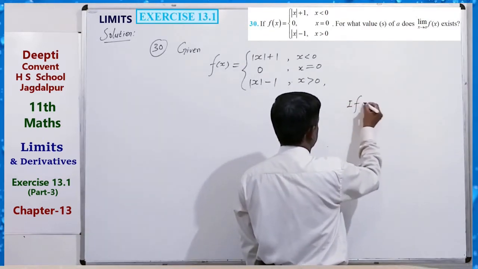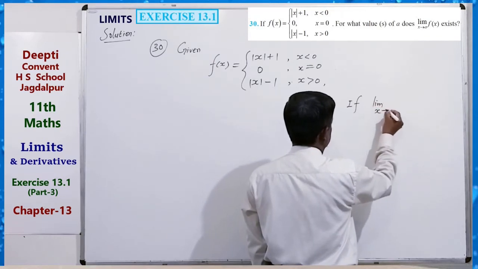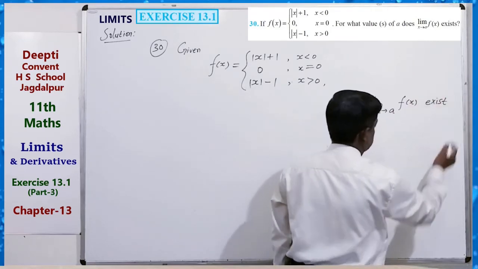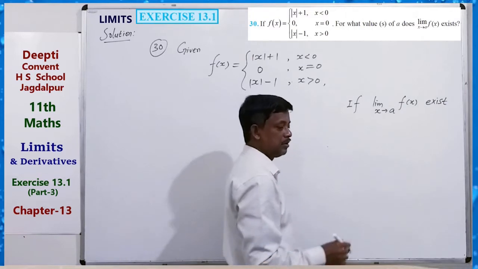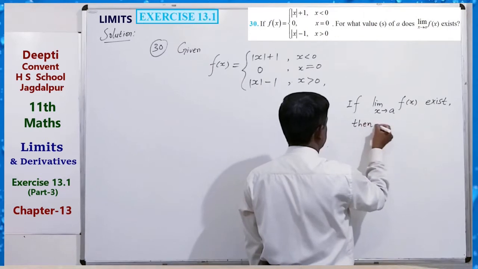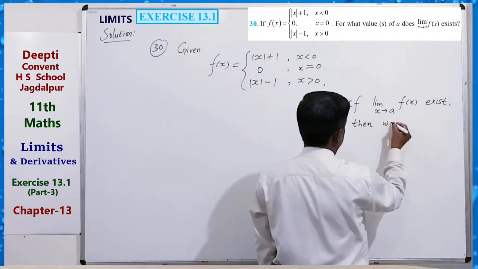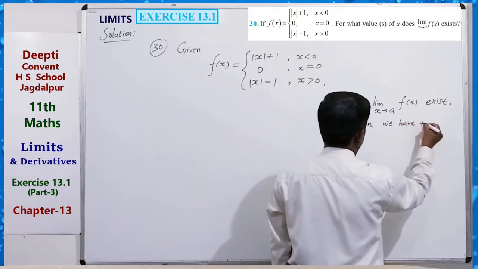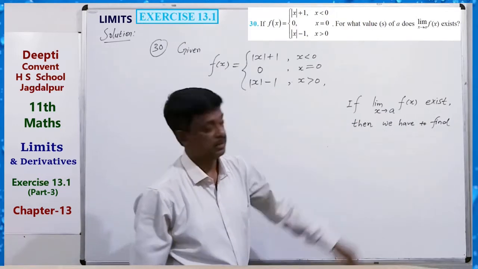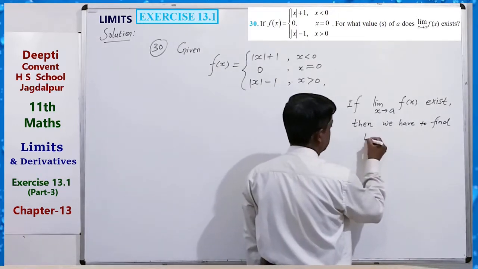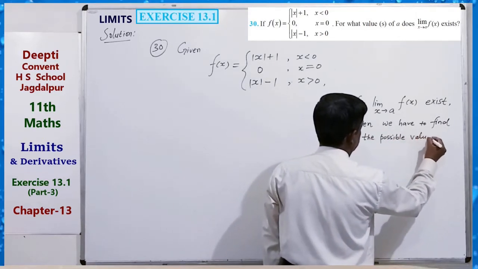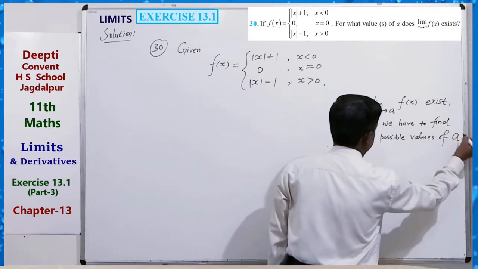If the limit as x tends to a of f(x) exists, then we have to find the possible values of a.